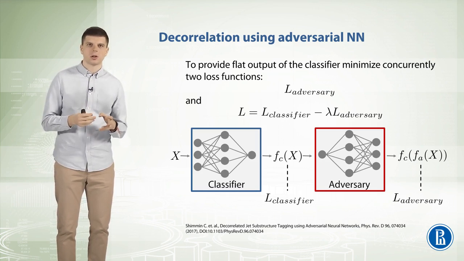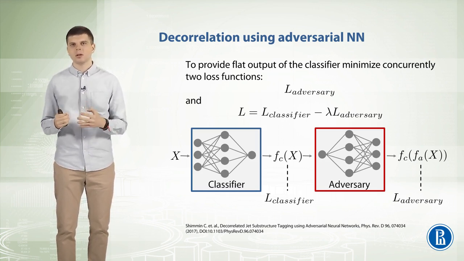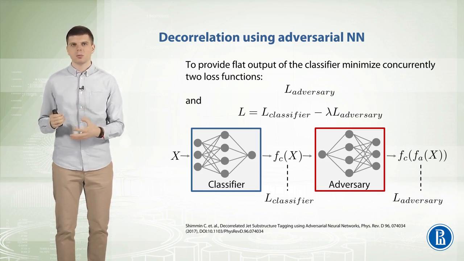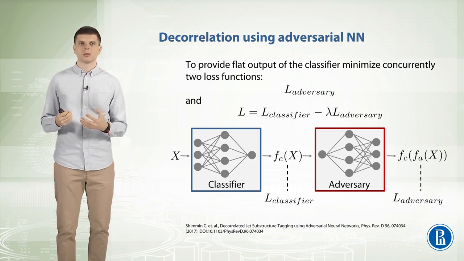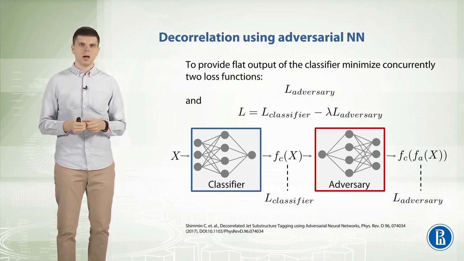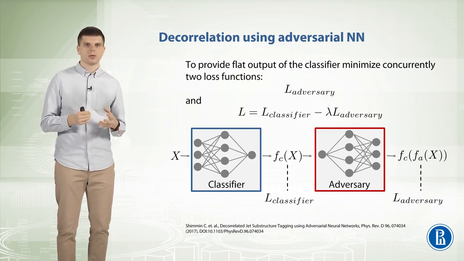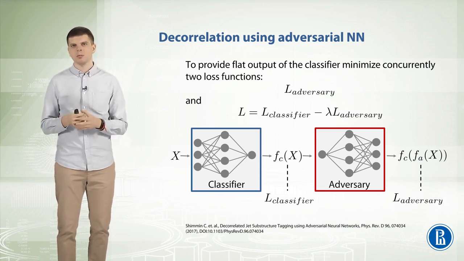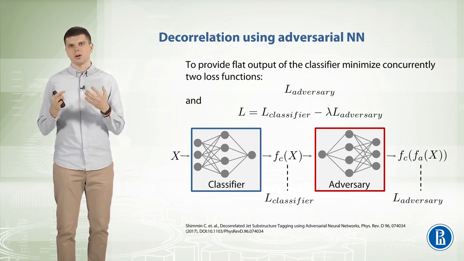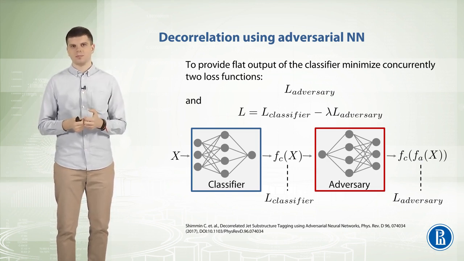The second loss function represents the quality of the classifier, but this function also penalizes the classifier if it's possible to reconstruct a particle momentum based on its output. The lambda in the loss function is an adjustable parameter which defines a trade-off between the classifier flatness and quality.